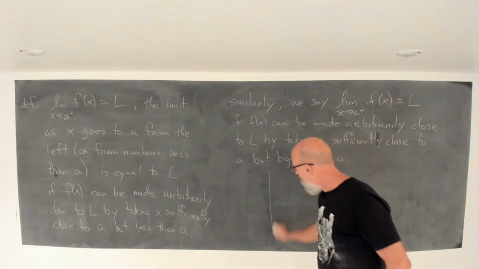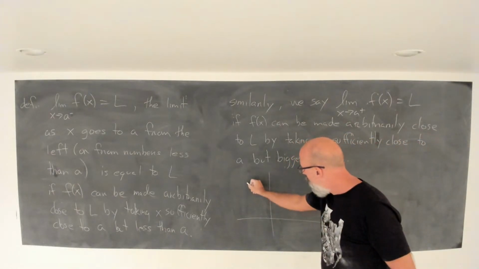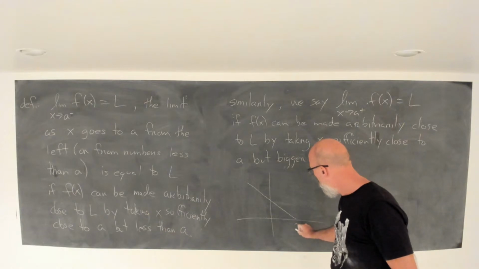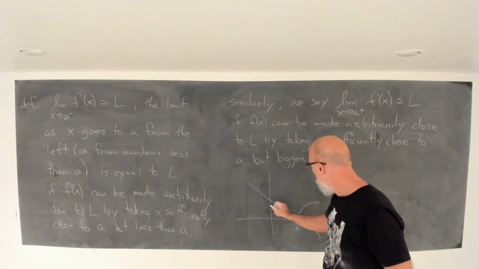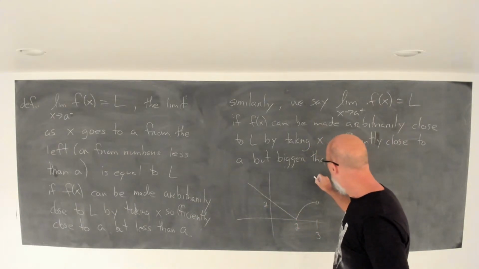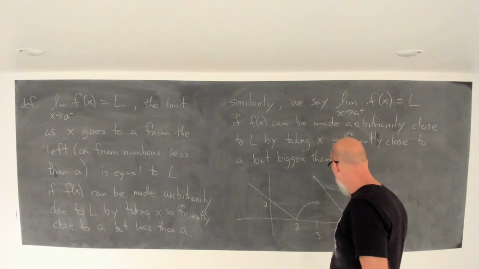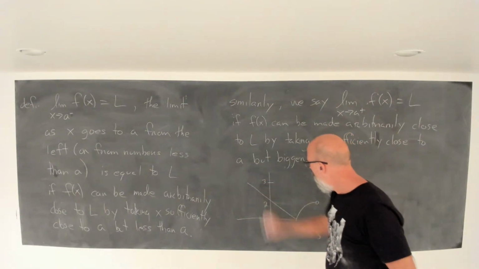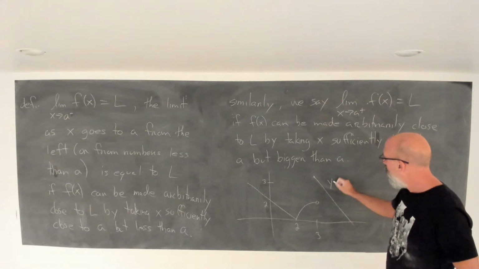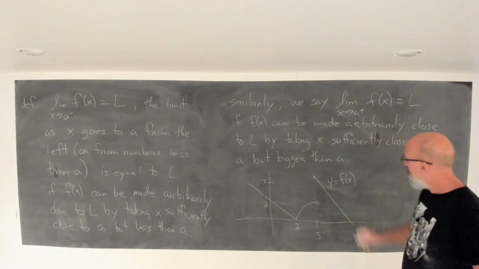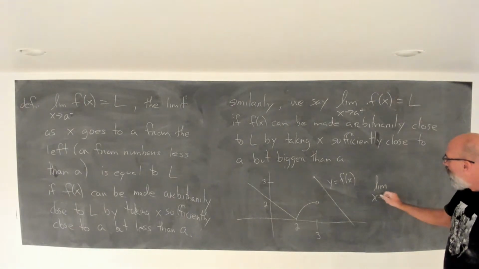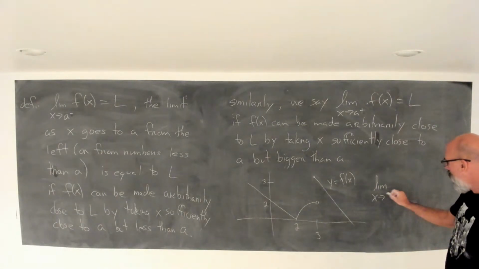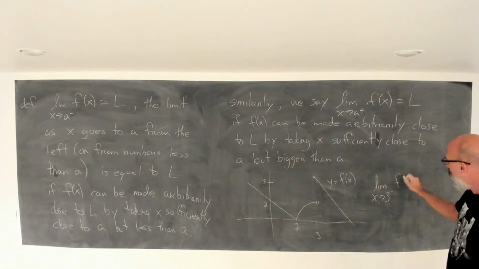And if we go back to the example we had before, we can now discuss the limit as x goes to 3 from the left.